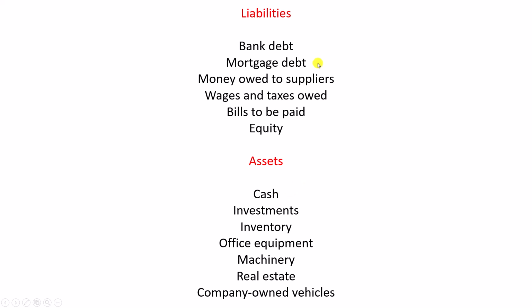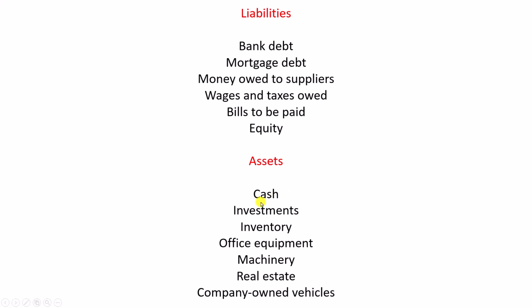Okay? You see, the same money that the company takes as a loan from here can be kept here, meaning the loan can be utilized in many ways. The loan will be a liability, but the way the company utilizes it would be assets.